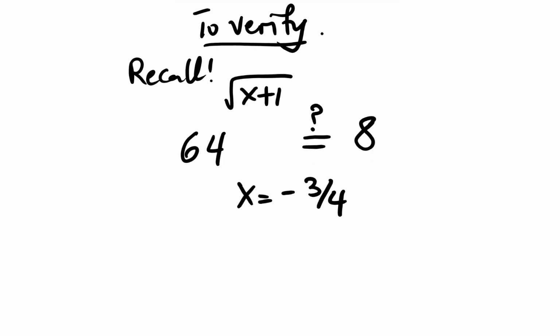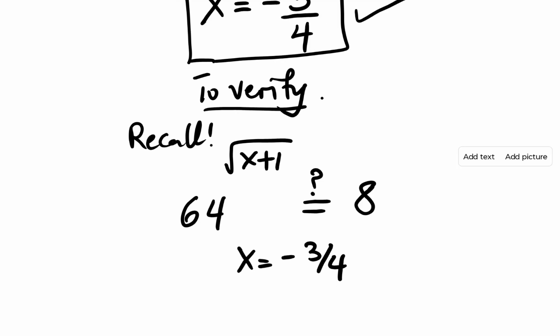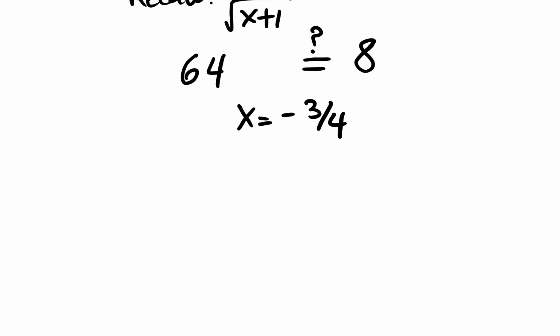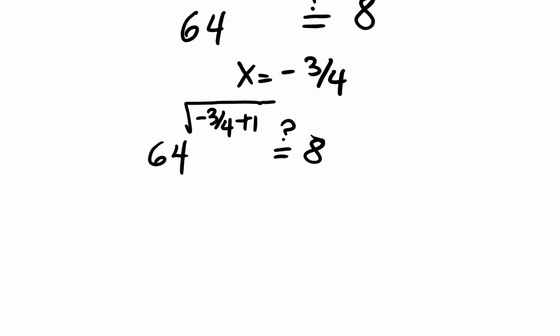So wherever we find x on the left hand side, we replace it with minus 3 over 4. Okay, so now we have 64 raised to the power the square root of minus 3 over 4 plus 1. Is that equal to 8?